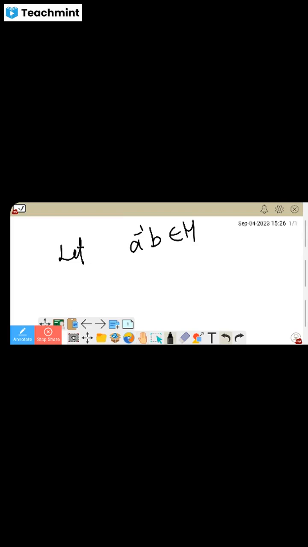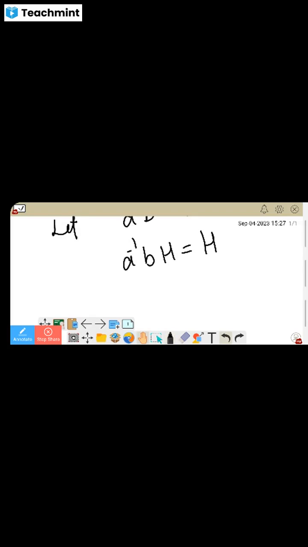For A inverse B H, H is equal to H, because we have done this property already when we take H with the element which is equal to the subgroup itself.